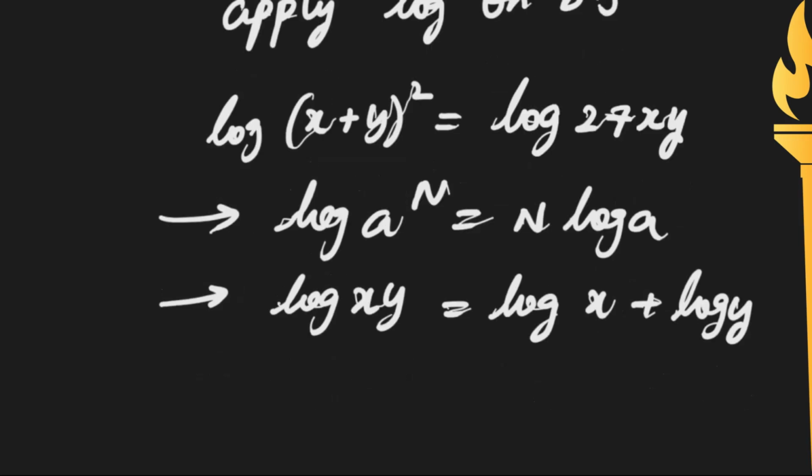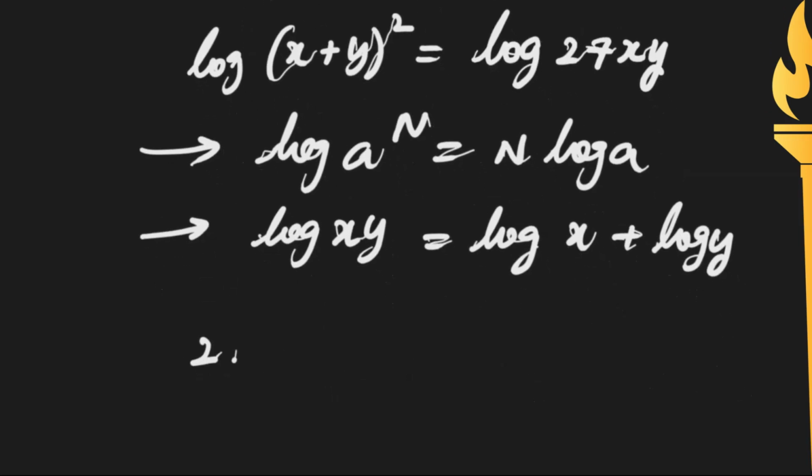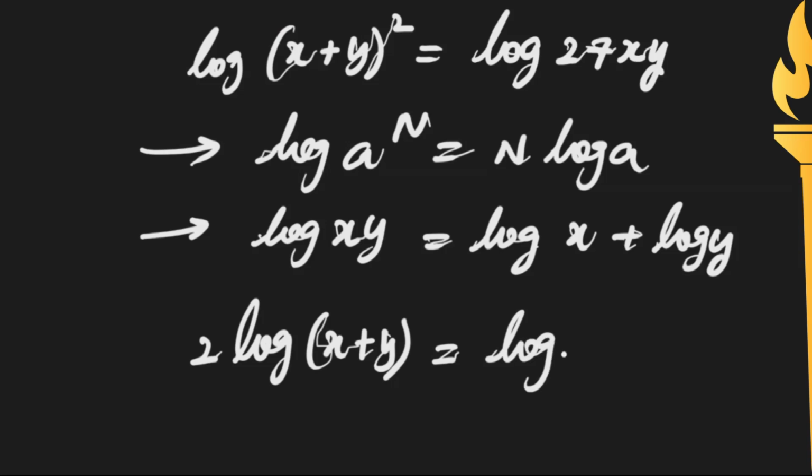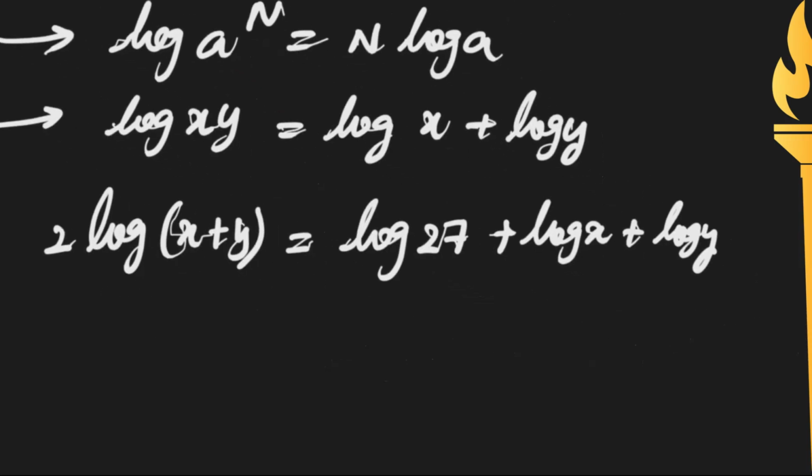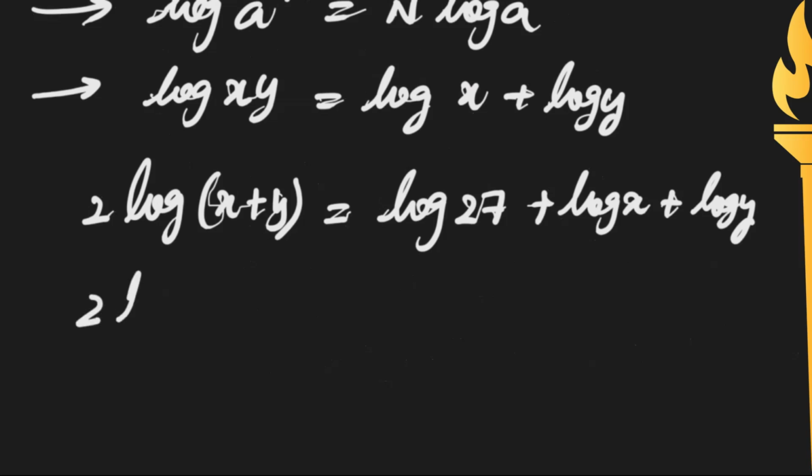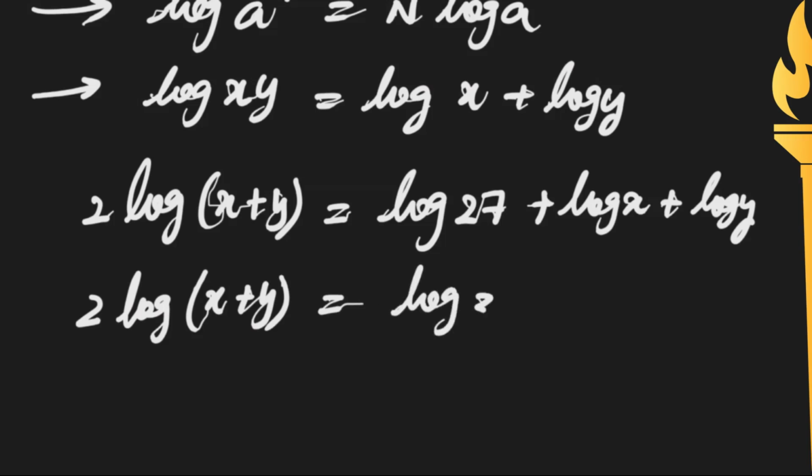If we apply both these properties, we would get 2 log of x plus y is equal to log 27 plus log x plus log y. And 27 can be written as 3 cube. So log 3 power 3 plus log x plus log y.